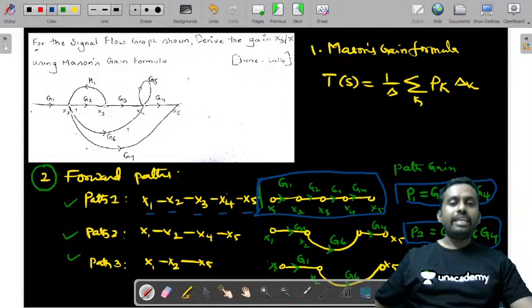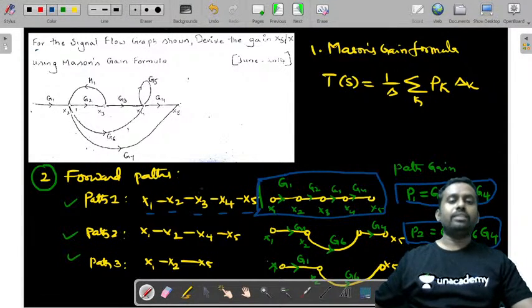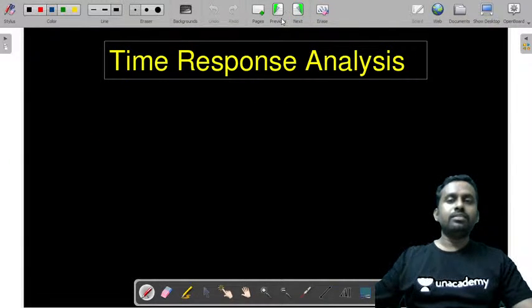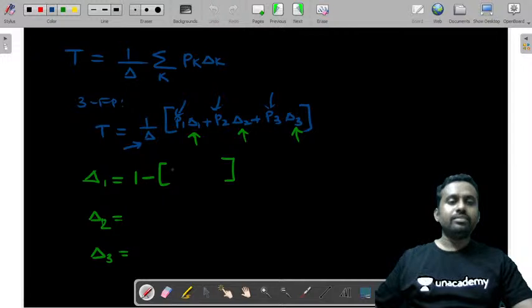Check if there is any loop which is not touching this path. If you observe the loops, they have x2, x3 and x4. So loop 1 is touching forward path 1 and loop 2 is also touching forward path 1. In that case, you need to take the values of these as 0. So the delta value will be 1. That is the delta for that kth forward path.